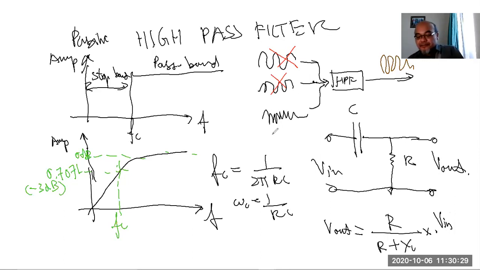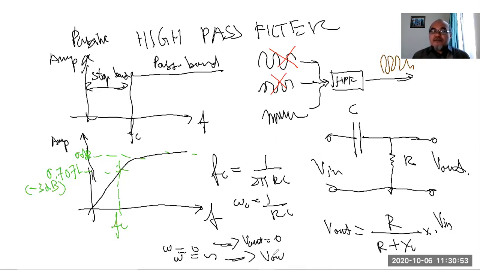Okay. So in the high pass filter, when omega, the frequency, is 0, then V output will be 0, like here. When omega equals infinity, then V output will be equal to V input, the input voltage.